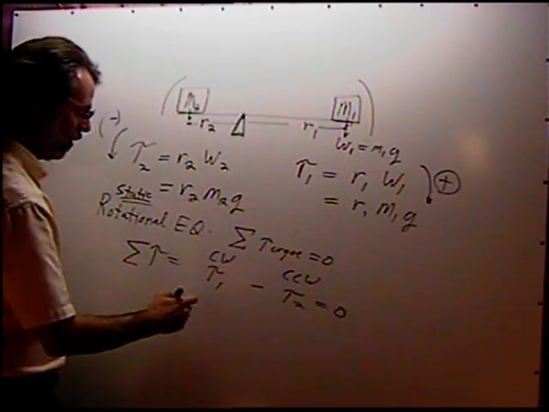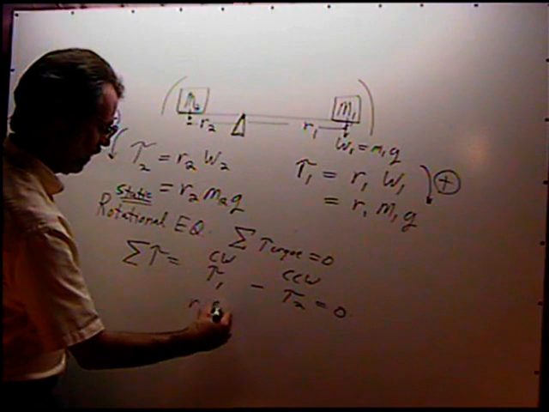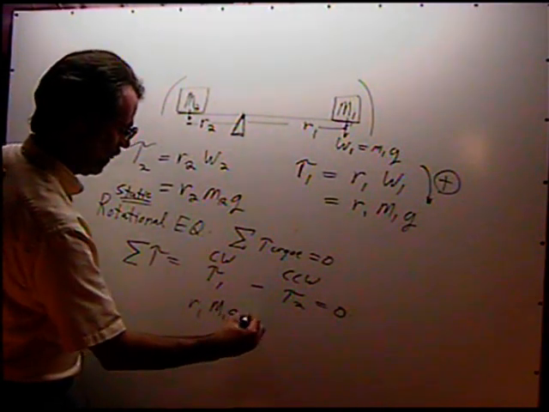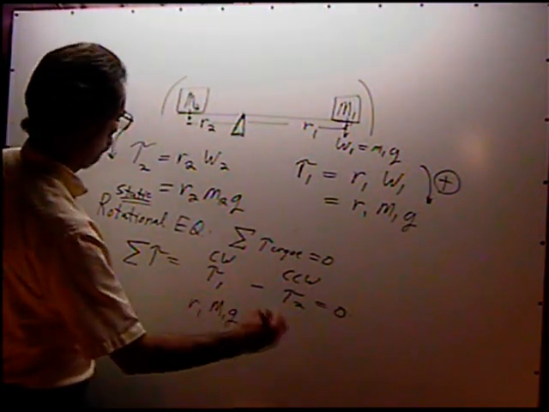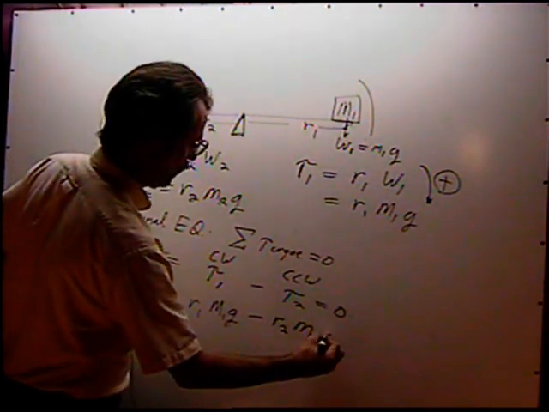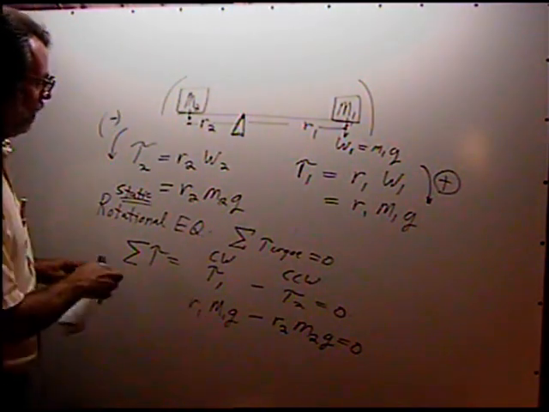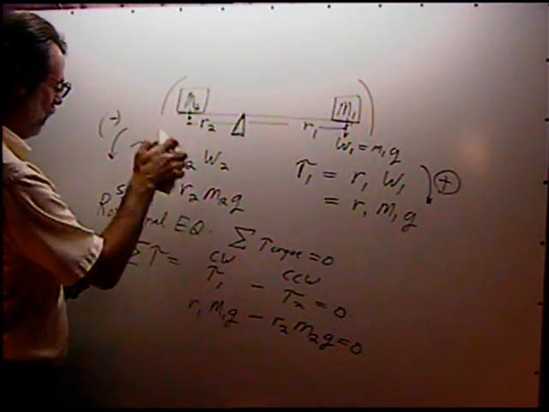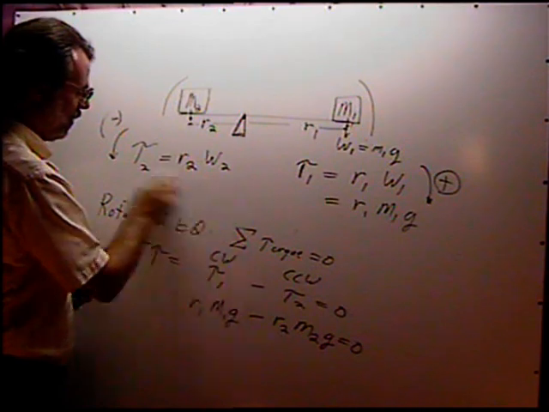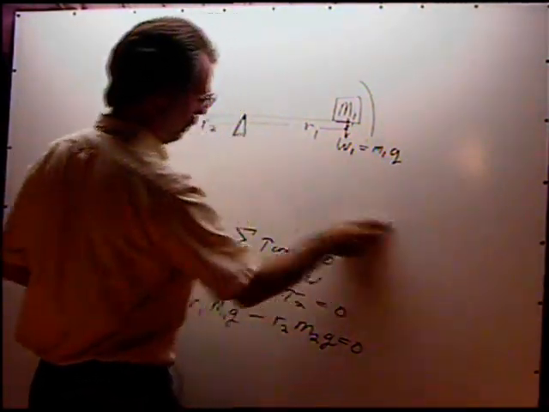Substitute in our torque 1, it's R1 M1 G minus torque 2, R2 M2 G equals 0. Okay, and I'm going to come up here and just erase this to get some more room.